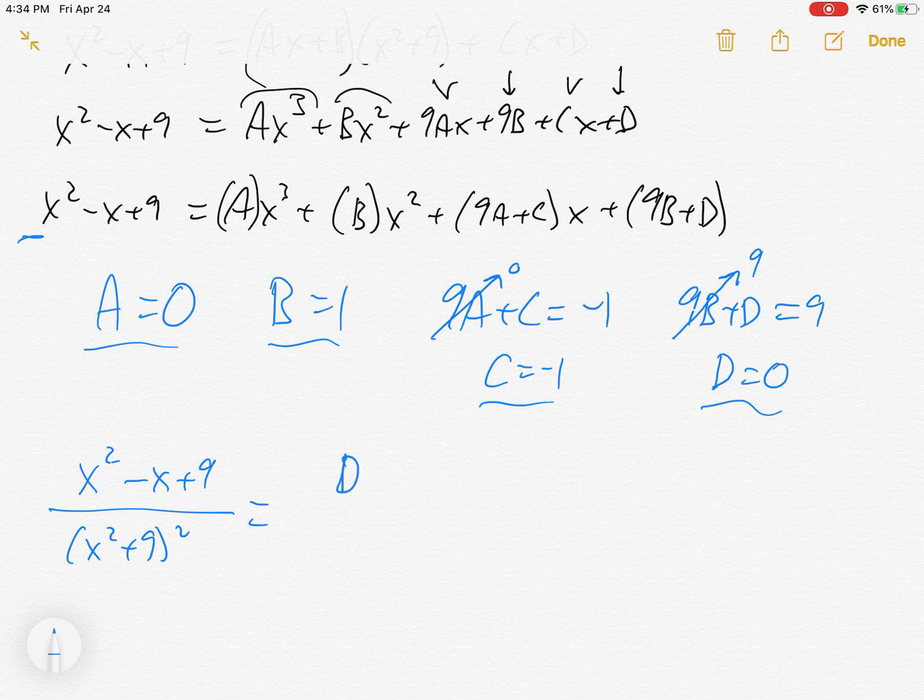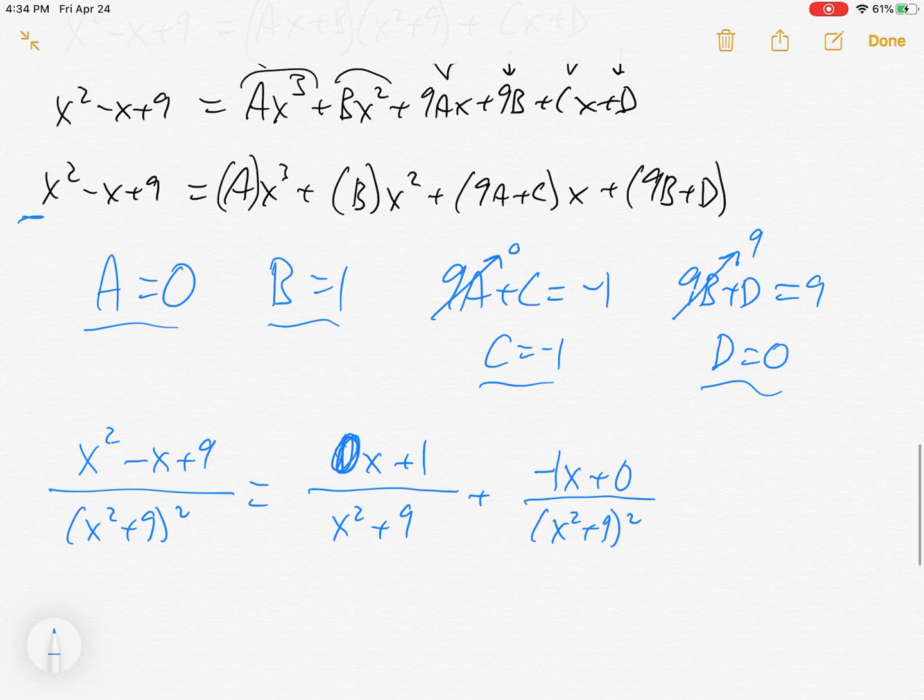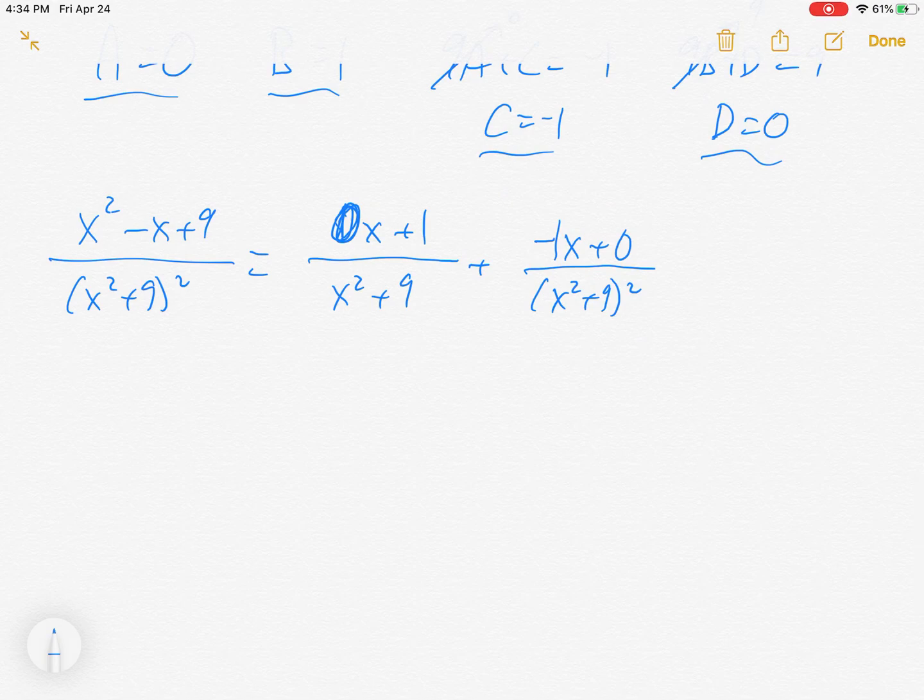So what we've learned is that x squared minus x plus 9 over (x squared plus 9) quantity squared is simply, let's write out, 0x plus 1 over x squared plus 9, that's a 0, plus negative 1x, plus 0 over that.